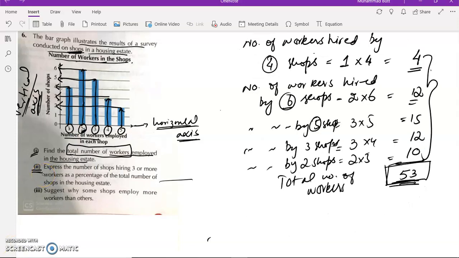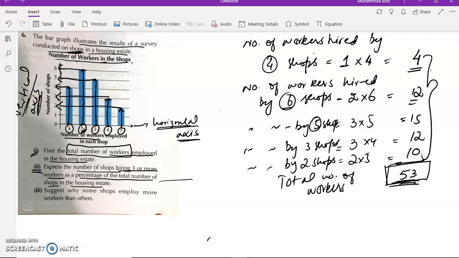Now part B. Express the number of shops hiring 3 or more workers as a percentage of the total number of shops in the housing estate. We know that whenever we have to calculate the percentage, over here we have to calculate the percentage of the number of shops hiring 3 or more workers.